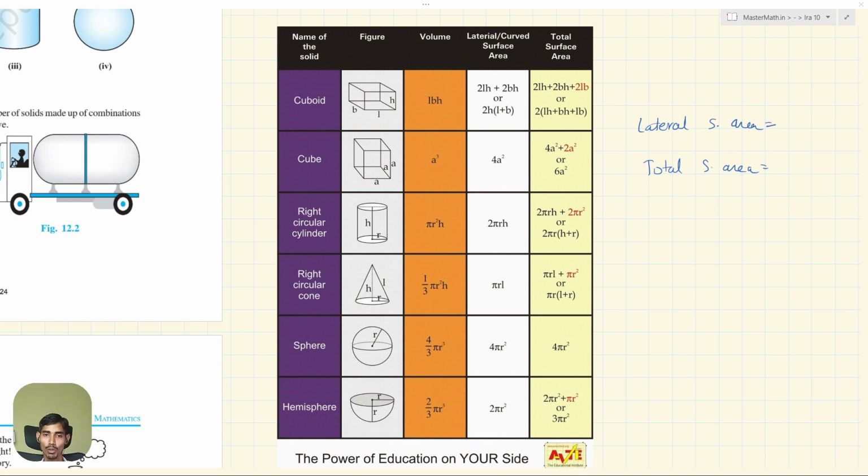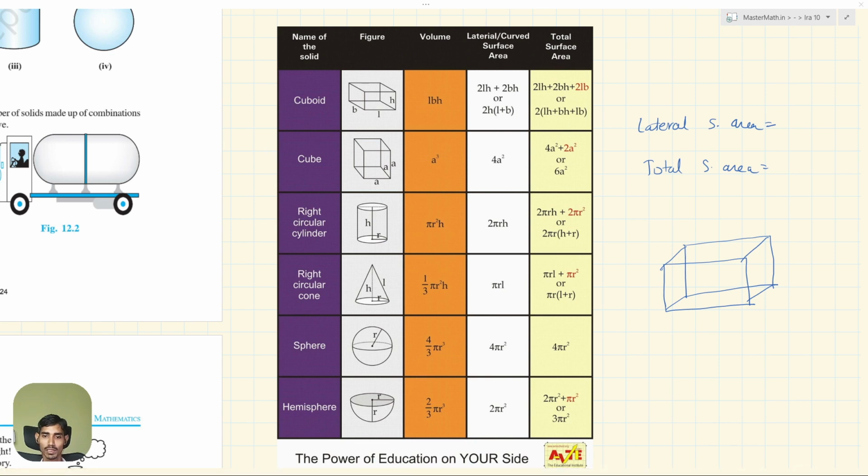Now let's come to the cuboid one. So in cuboid we have, suppose, so how many faces of a cuboid? How many sides?